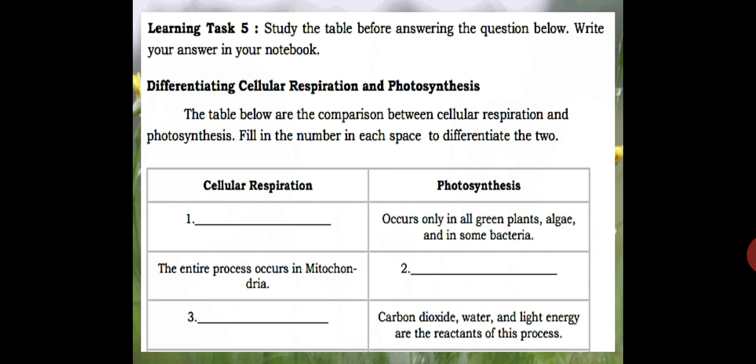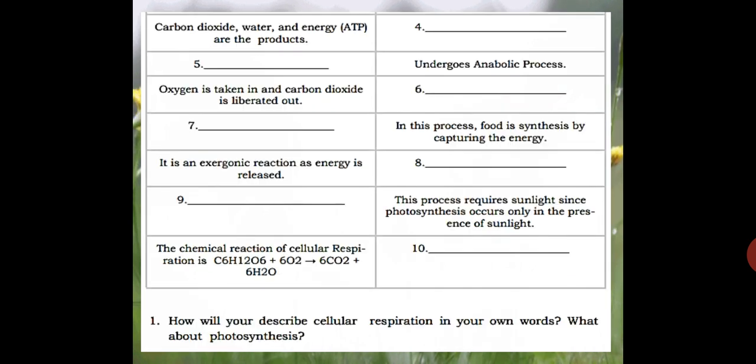So, alternate naman yon. Cellular respiration, photosynthesis, cellular respiration, and photosynthesis. Okay, so this is number 4, 5, 6, 7, 8, 9, 10. So, how will you describe the cellular respiration in your own words? And what about photosynthesis? Yes, so you're going to answer these guide questions after you answer the table above.